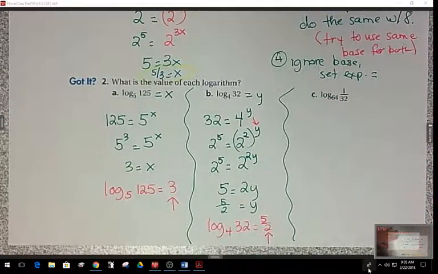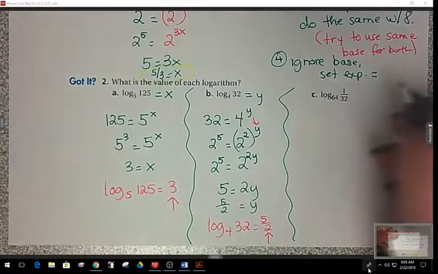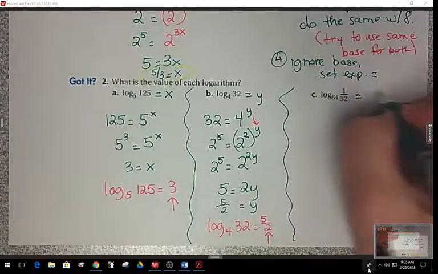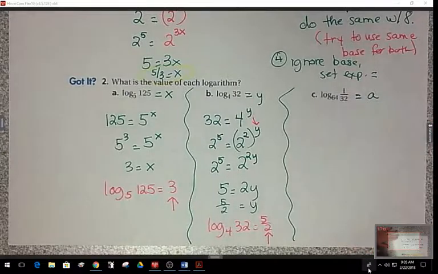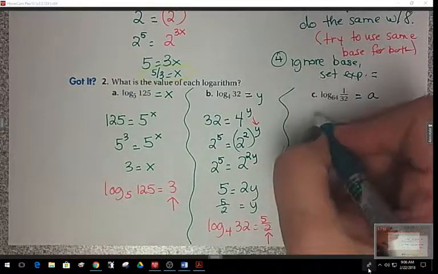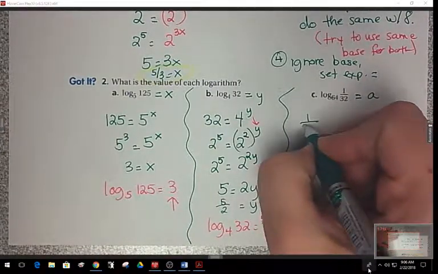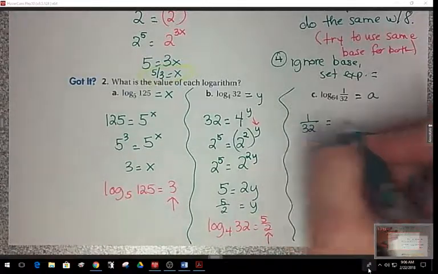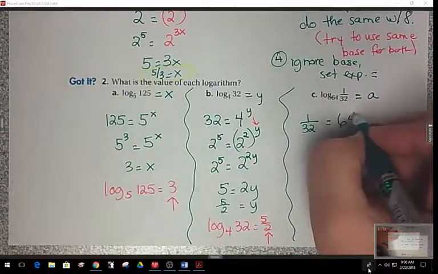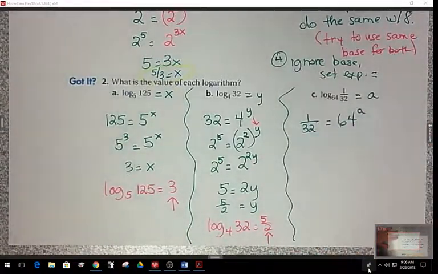All right, and part C, you have to work a little bit harder for this one because of the fraction in there. So let's set it equal to a variable. I'm going to use an a this time. So I'm going to bring my 1 over 32 straight down. That's going to equal 64 to the a power. Well, I need to rewrite this 32 as something to a power, okay?